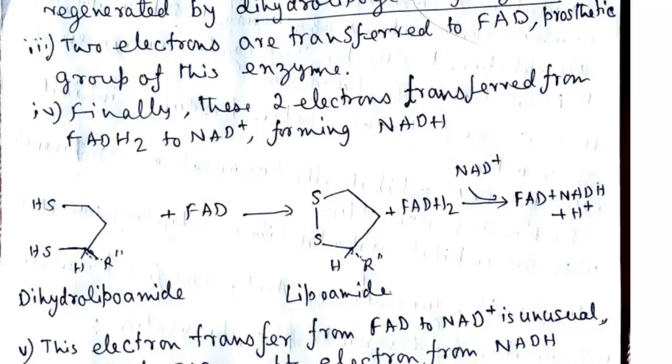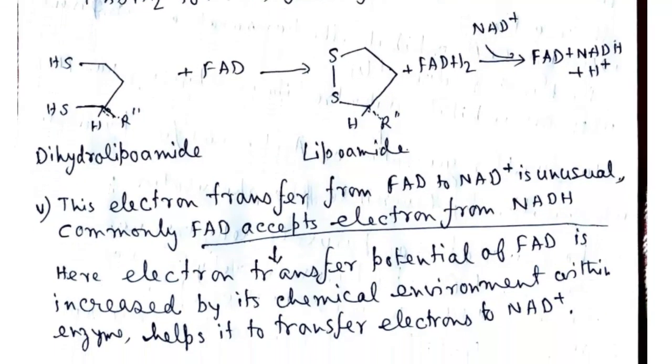Here we should remember that the usual function of FAD is not to donate electrons, it is rather to accept; its common function is to accept electrons from NADH, but here the electron transfer potential is facilitated by the chemical environment of this enzyme, so it helps to transfer these electrons to NAD.